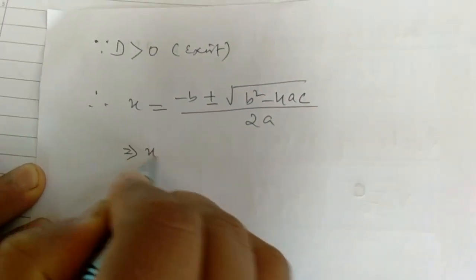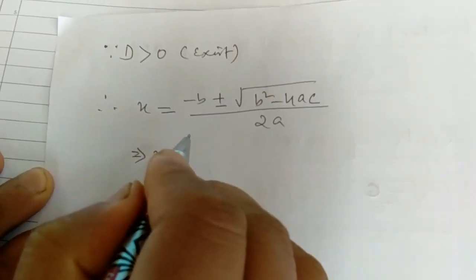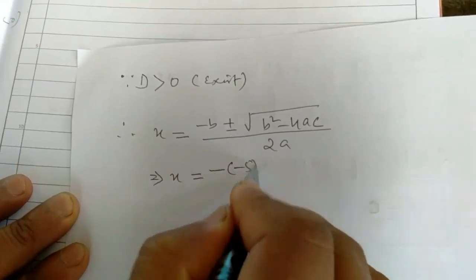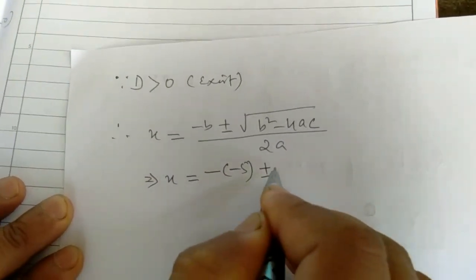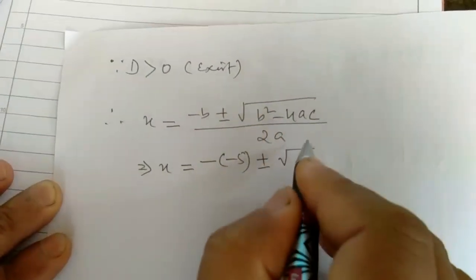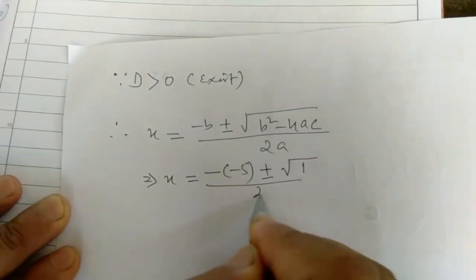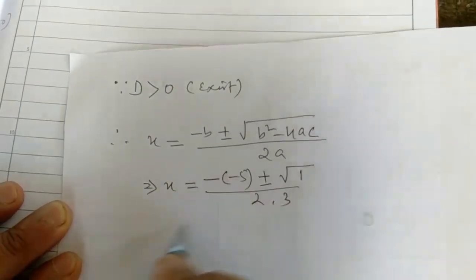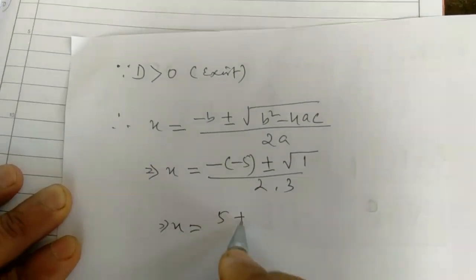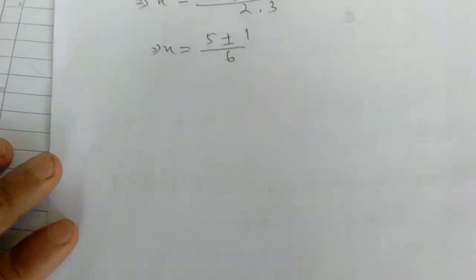We put the values: the value of b is minus 5, plus minus the square root of b square minus 4ac. We have just found b square minus 4ac is 1, by twice a, value 3. This implies x equal to minus minus 5, plus 5 plus minus square root of 1 is 1, 2 3s are 6.